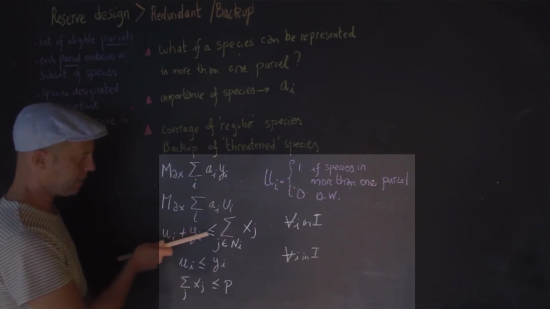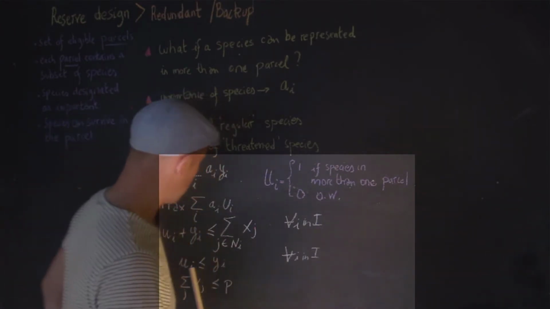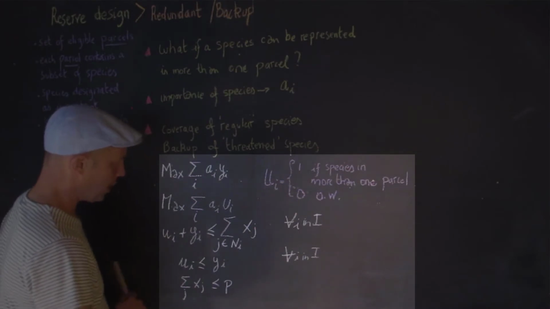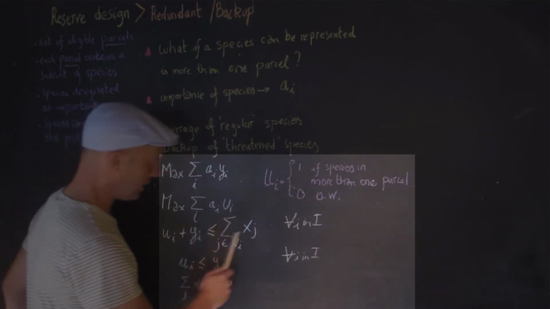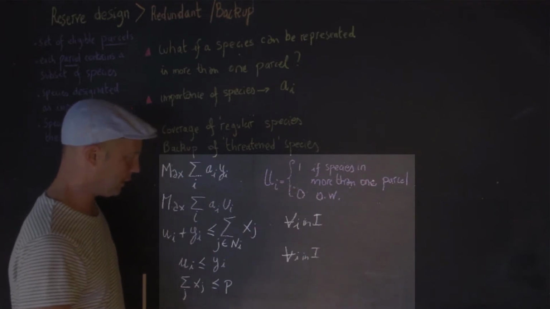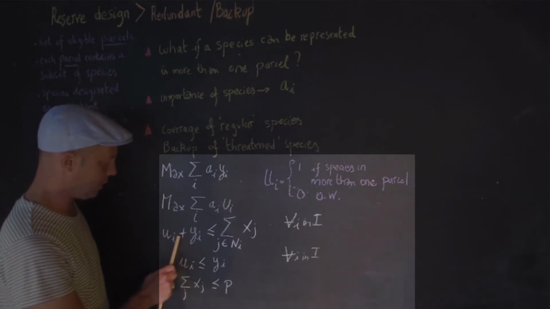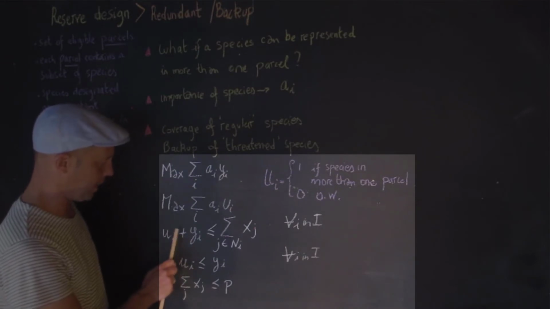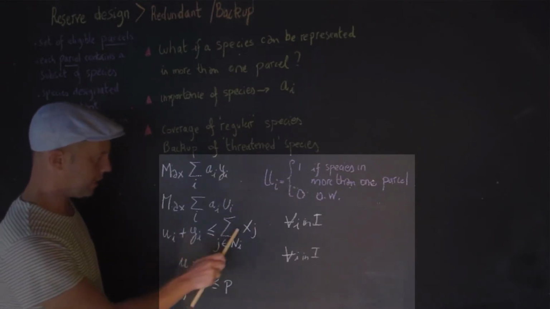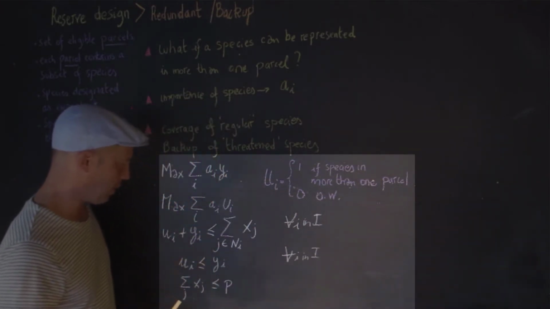And then that means here we should have at least 2 parcels that are going to cover. Now, if U sub I is equal to 0, and this is 0, well, we don't need any parcels to harbor species I. If the species was not backup, but the regular coverage, then there should be at least 1 parcel to cover or to represent that one species.